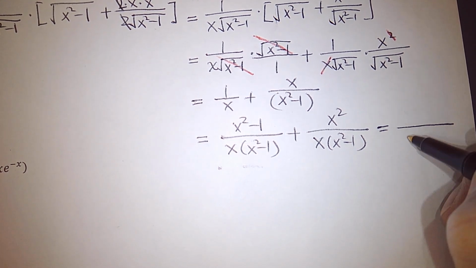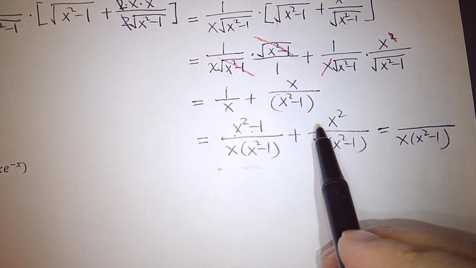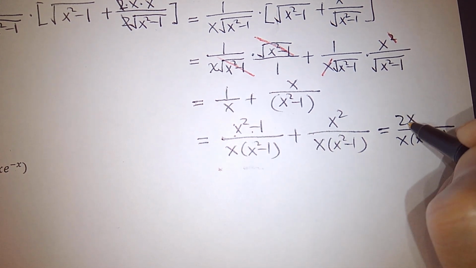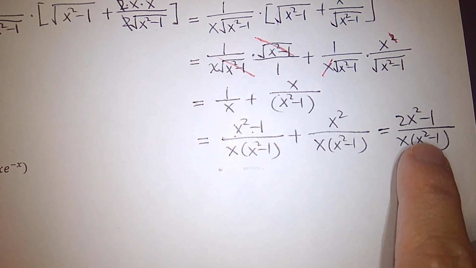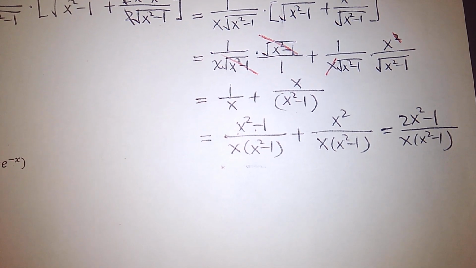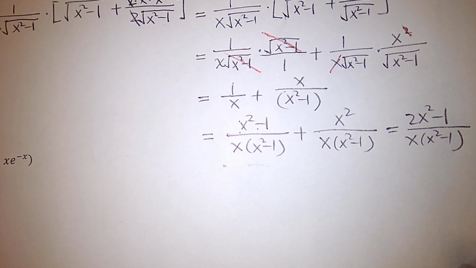Same denominator, x times by x squared minus 1. X squared minus 1 plus x squared give us what? 2x squared minus 1. Are we able to simplify the top and the bottom further? Yes or no? No. Done. Okay. Question: why do we have to use the chain rule a second time up there?